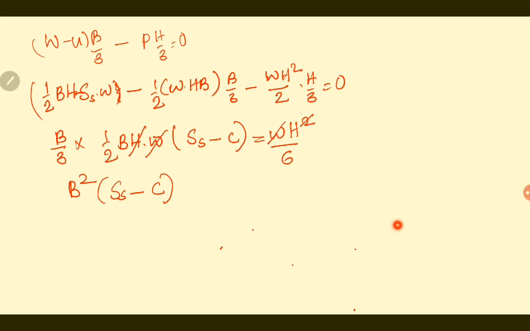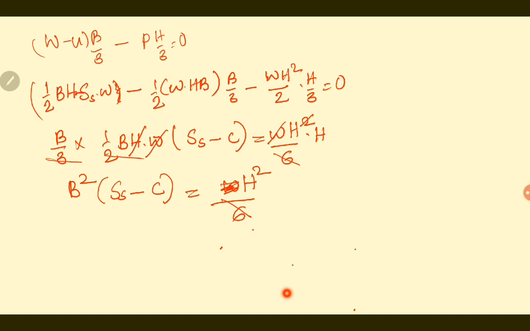This is H cube, right, into H, so it will be equal to W H square by 6. This is the equation. Now this 6 will also get cancelled. So the equation becomes B square into S S minus C is equal to H square. W is already cancelled.